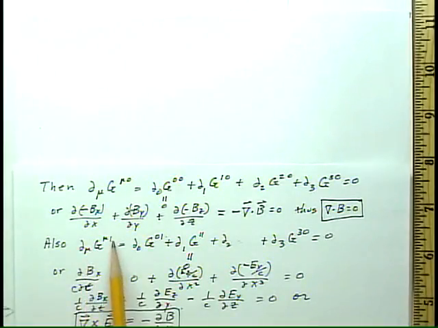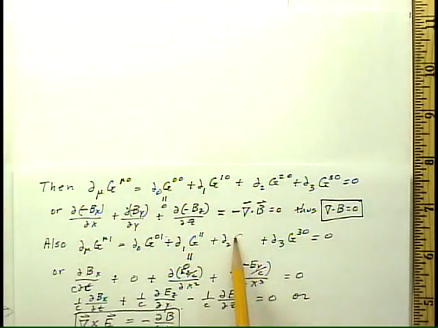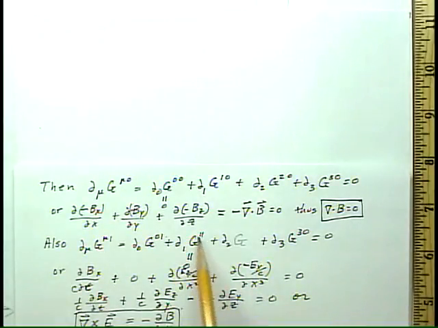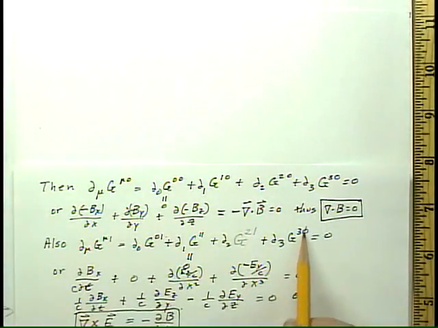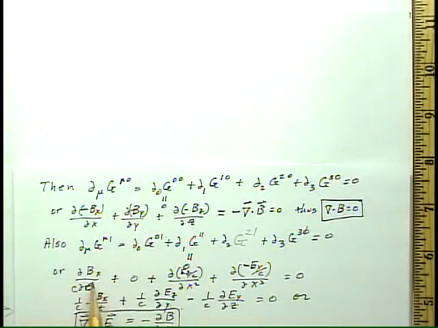Next, we will take the first component, and when we do that, we get partial mu of G mu 1, and it looks like there's one term missing here. This should be G01, G11, G21, and G31. There's a typo there, or misprint.